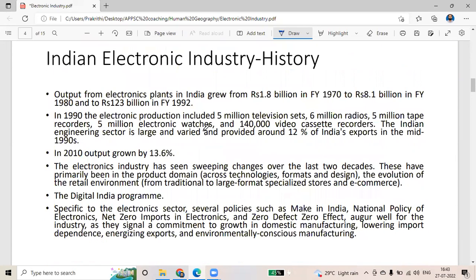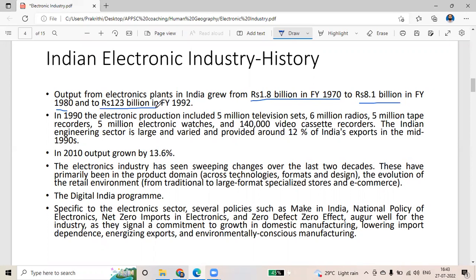So output from electronic industry plants grew from 1.8 billion during the 1970s to 8.1 billion in the 1980s. And if you look, by 1992 it had reached 123 billion in the financial year 1992.